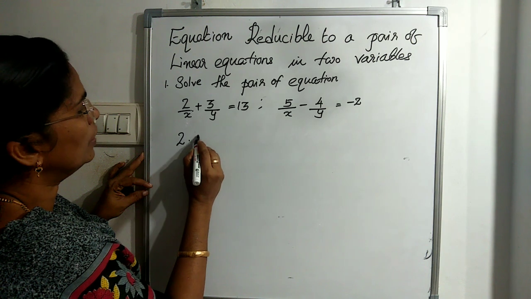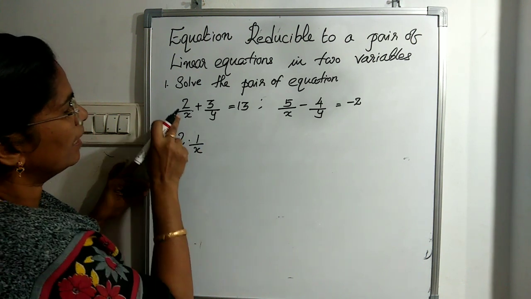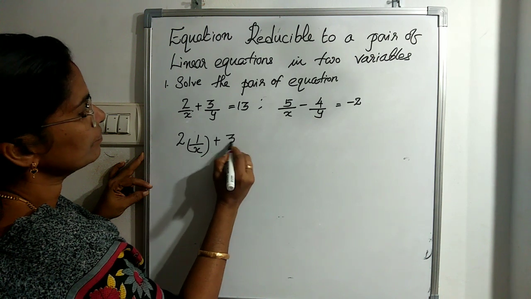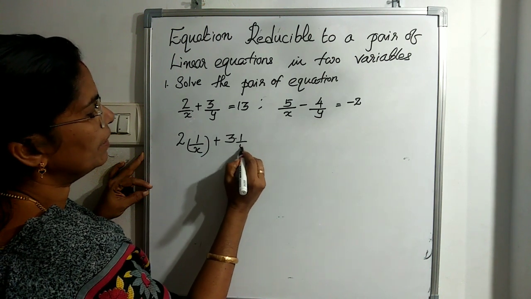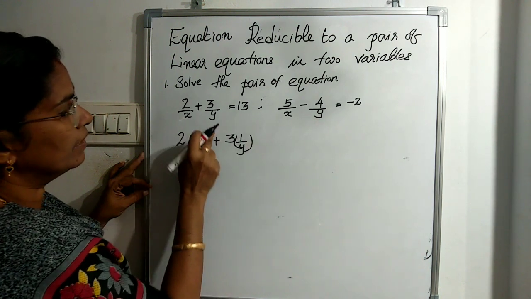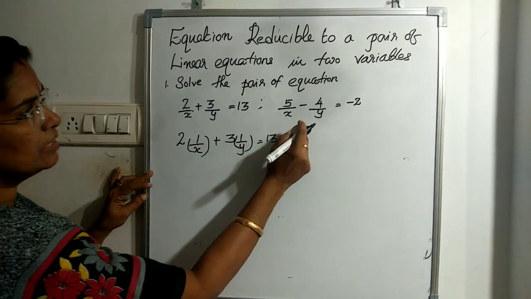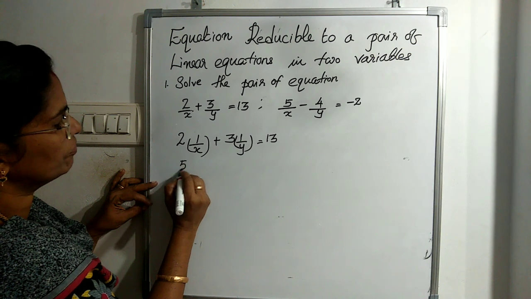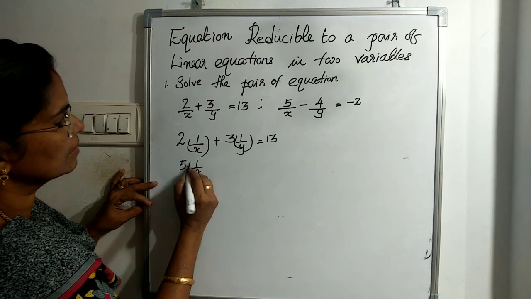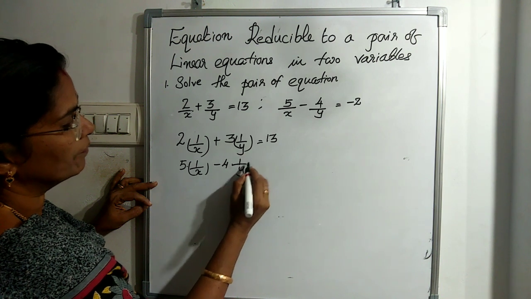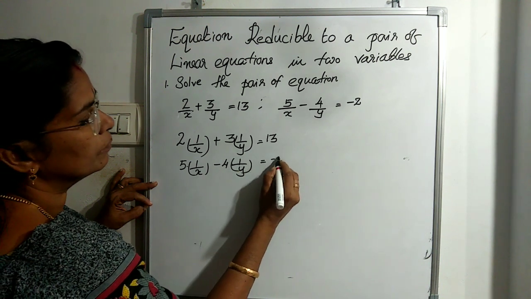First, 2 by x we can write as 2 into 1 by x, plus 3 into 1 by y, that is 3 by y, equal to 13. And this also we can change: 5 into 1 by x minus 4 into 1 by y is equal to minus 2.